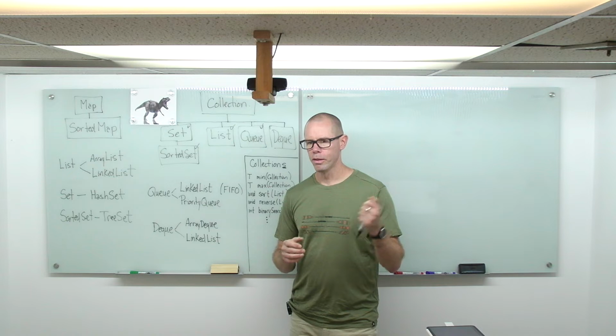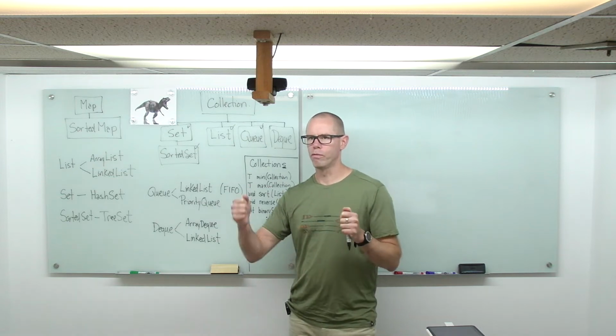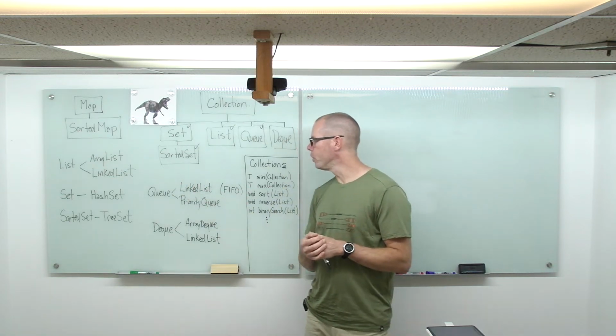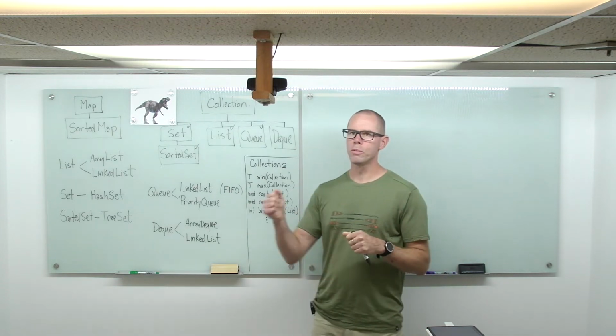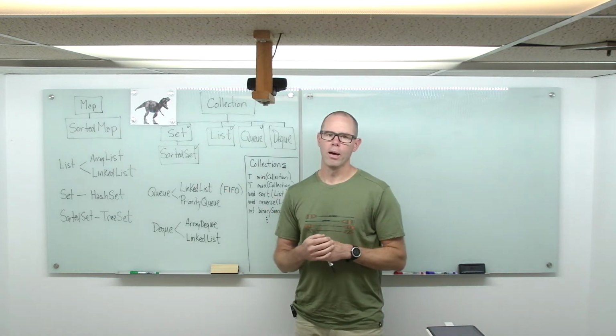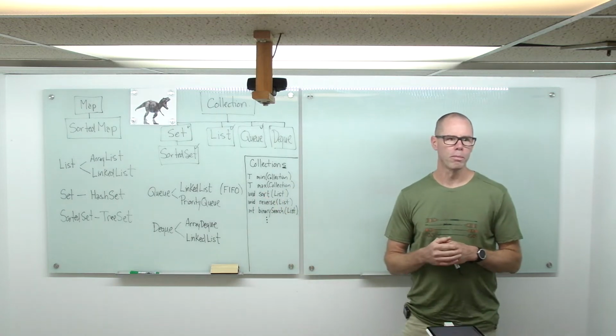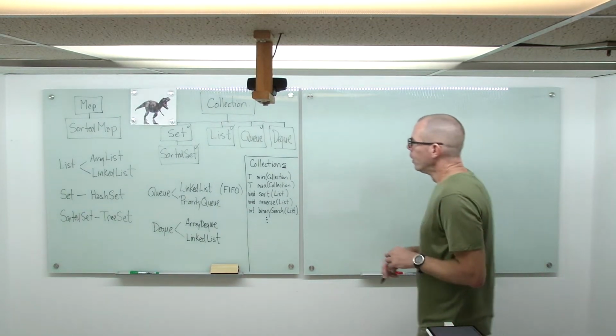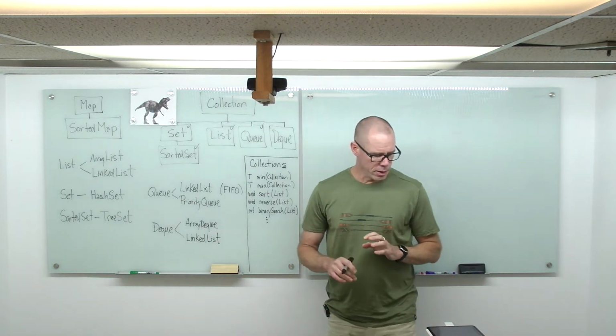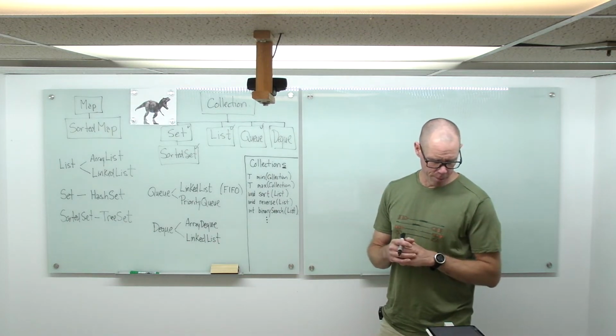So really the first one to enter the queue will be the first one who leaves the queue. And then there's priority queue, where the thing that gets removed is the smallest thing in the queue, where smallest is defined by some comparator. Okay, so that's the summary there.